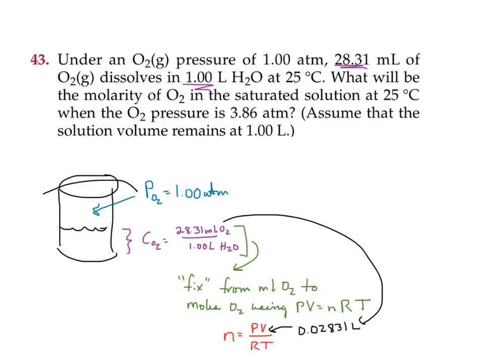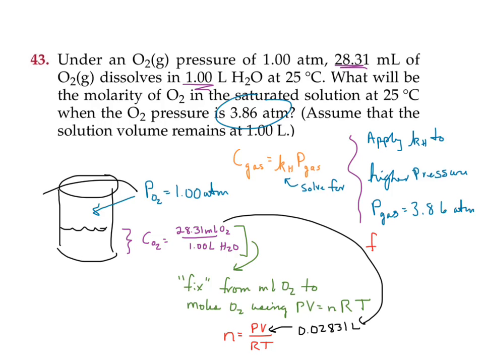You can use the ideal gas law equation, PV equals nRT, and solve for n, where your pressure of O2 is 1 atmosphere, your volume is the 28 milliliters, your R, of course, and your T is given. Once you have that, you have the moles per liter, and you can do it like we did a problem a little minute ago. So I would get the KH from that, and then apply that KH to the new pressure. That's what I would do.